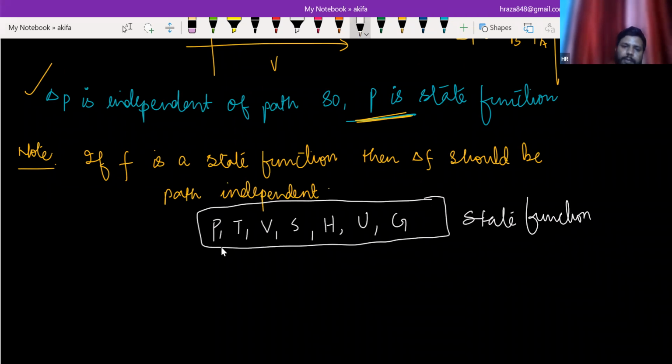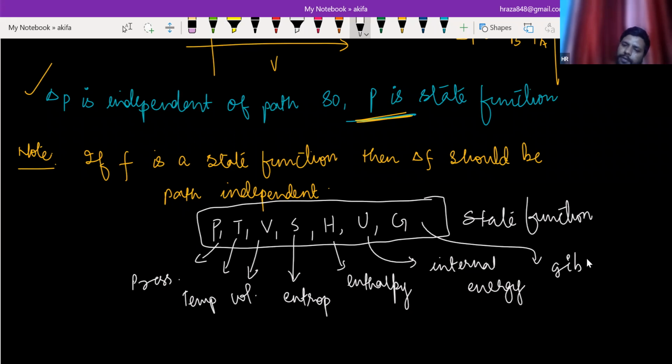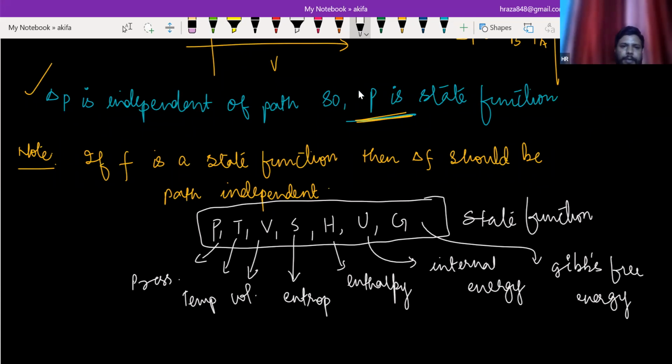Do you know what they stand for? P stands for pressure, T for temperature, V for volume, S for entropy, H for enthalpy, U for internal energy, and G for Gibbs energy. Done. Very good.